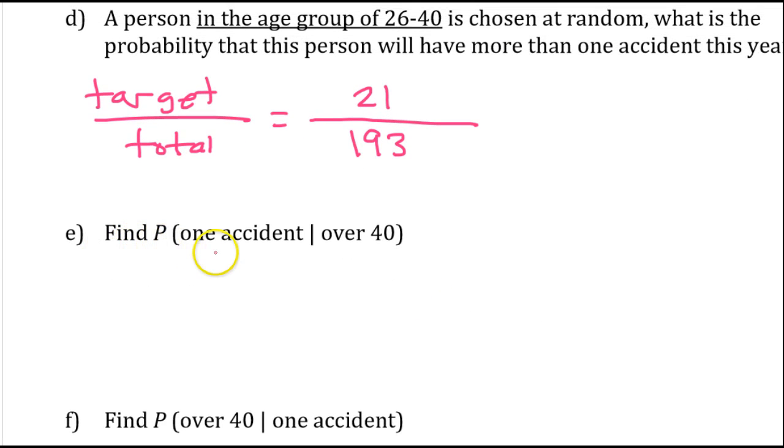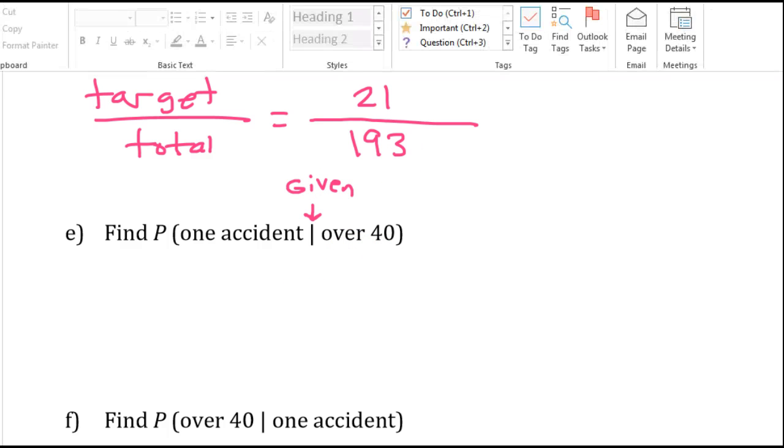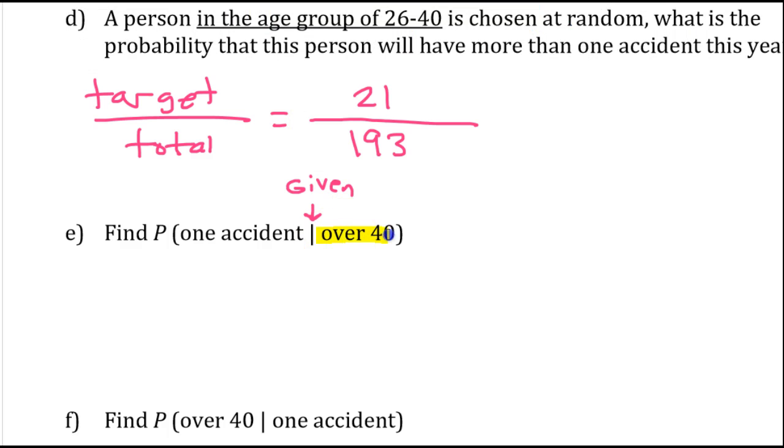What's the probability of having one accident given that you are over 40? This little bar right here should be read as "given." Whenever you have a given problem, you start with the given and you cross out everything else.